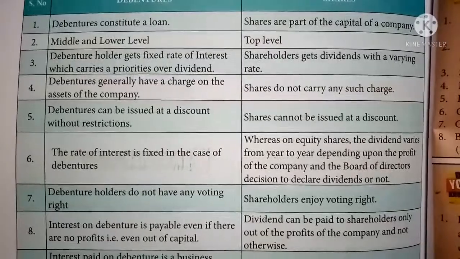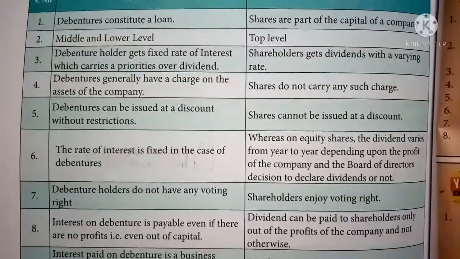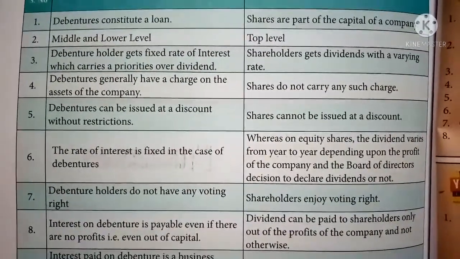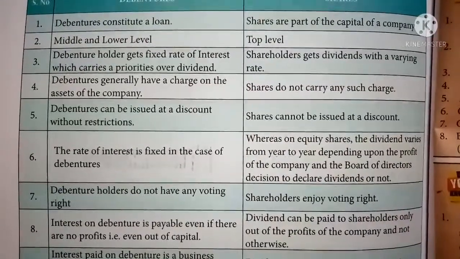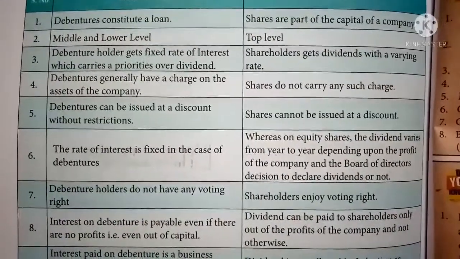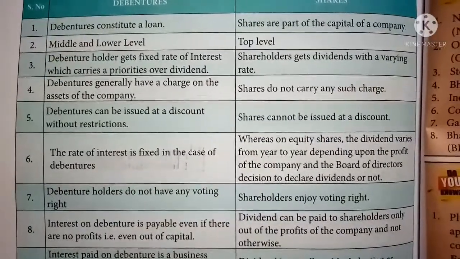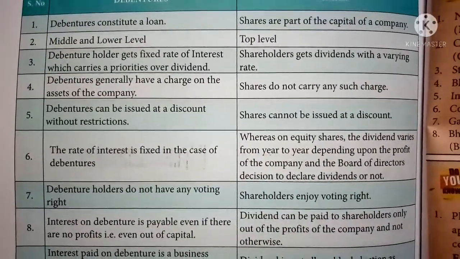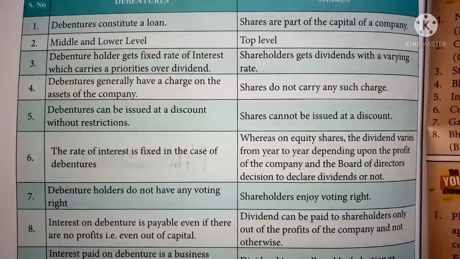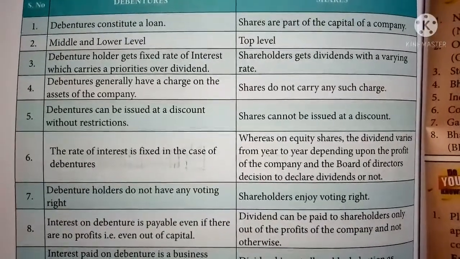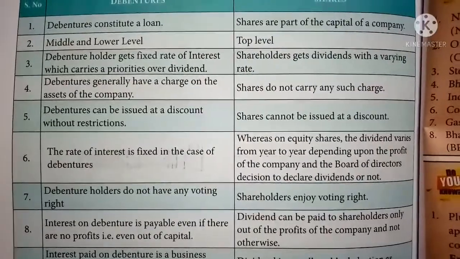Debenture holder gets a fixed rate of interest before the dividend is given to the shareholder. The interest will be given to the debenture holder first. But shareholders get dividend at a varying rate. Debentures generally have a charge on the fixed assets of the company, but shares have no such charge.